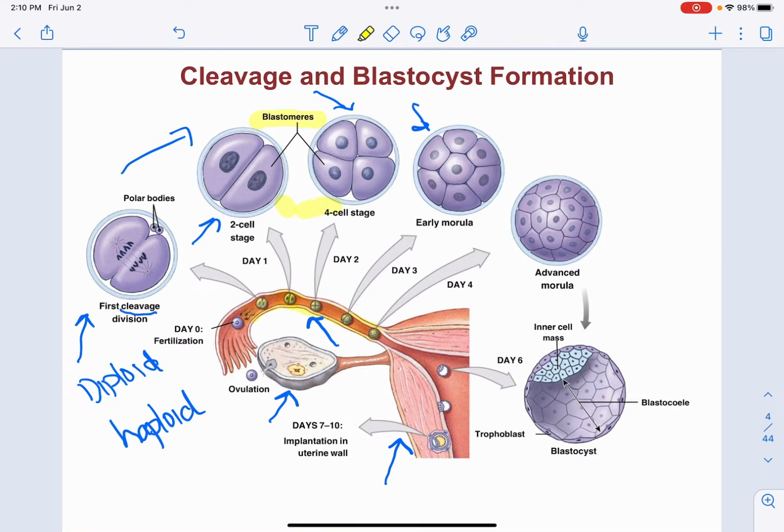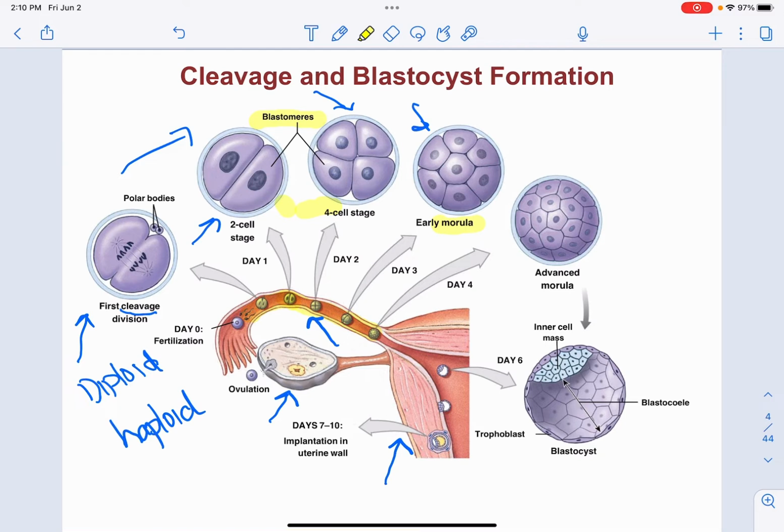It will continue to 8 cells, 16 cells, 32, etc. So they will keep dividing and double the number of cells. And between days 3 and 4, you will create a structure called a morula. That is the structure right there called the morula. Okay, it is a solid ball of cells.